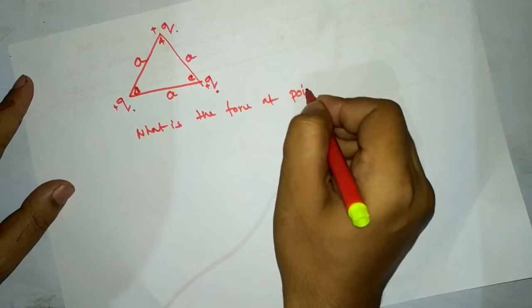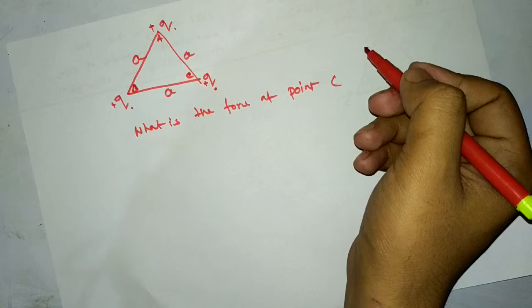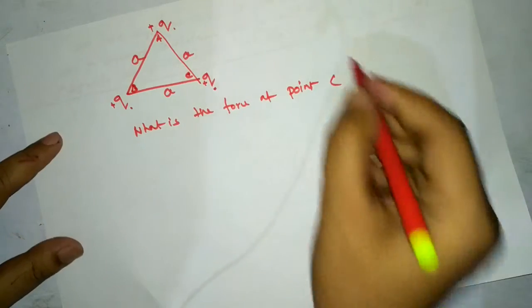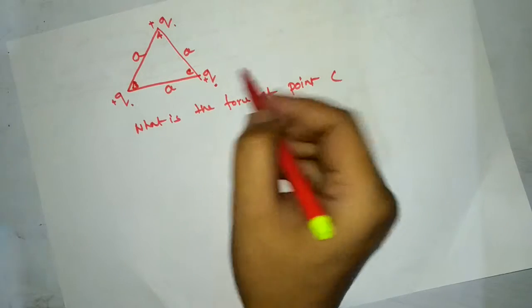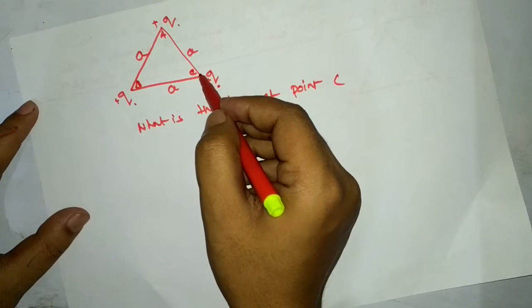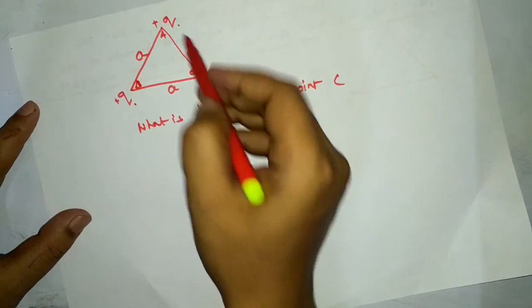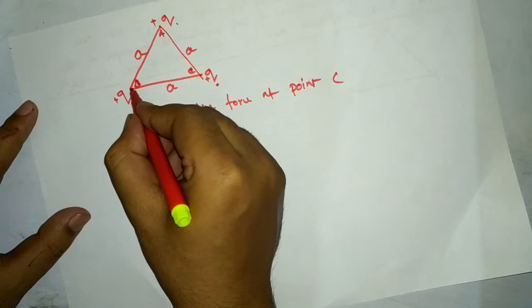If the question is, what is the force at point C? How many forces are acting at point C? At point C there are 2 forces acting. One force is due to this charge, another force is due to this charge.